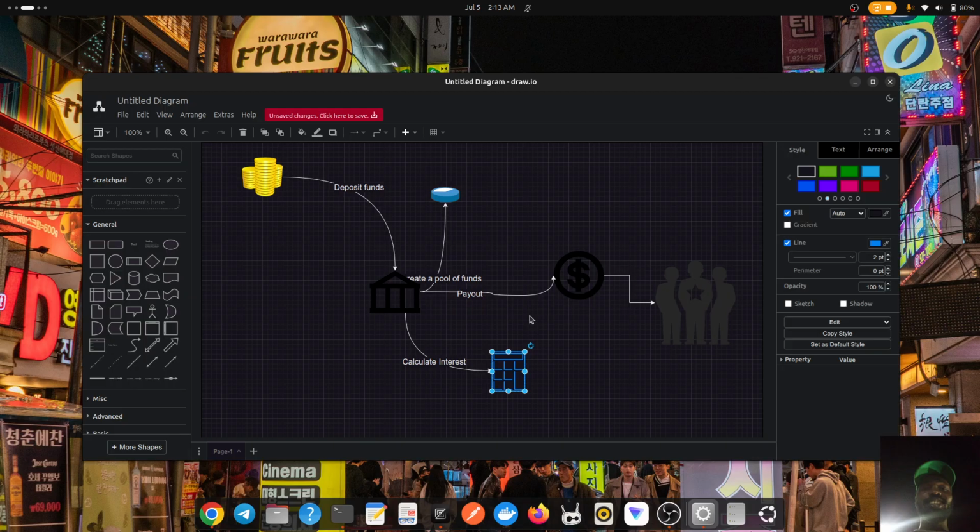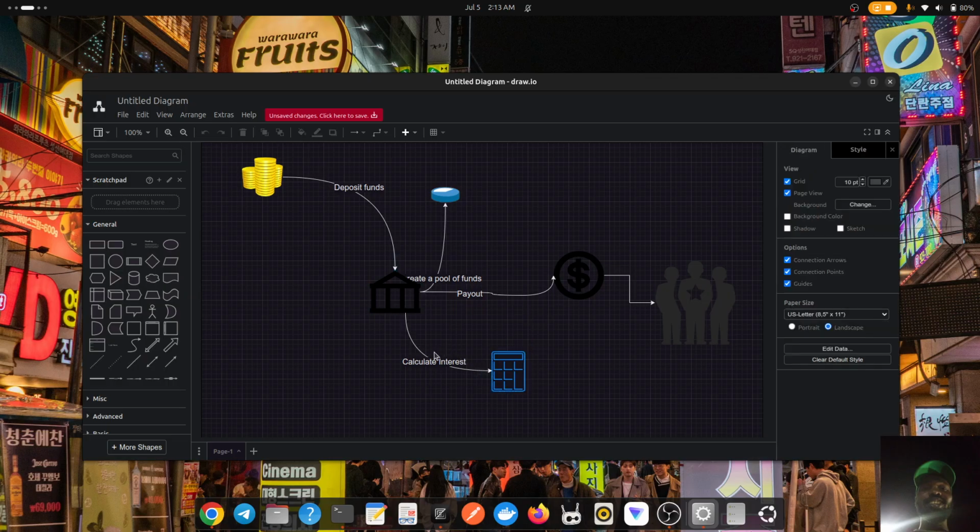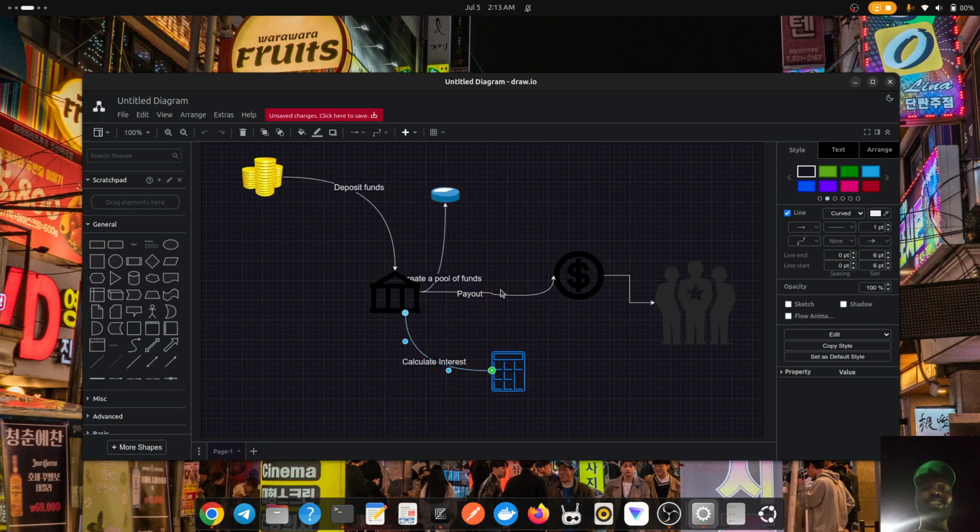Now for the interest part, for us to interact with this interest functionality, we need to create a system that allows people to borrow money from here when they don't have. Right? We need to have a system that allows people to borrow money when they don't have, and they will pay some amount of interest.